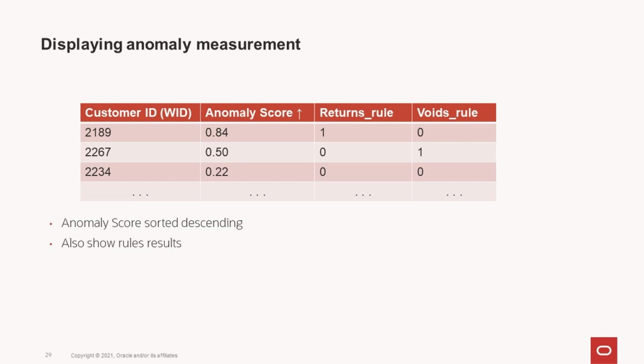I'll look at those prediction details columns and now I'll know it's because of voids. This customer had a very high percentage of voids, or it was a combination of voids and returns. That's very helpful because now the expert, when they go to investigate this customer account, will know what to look for.